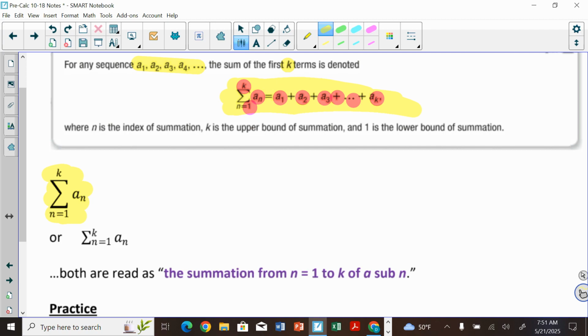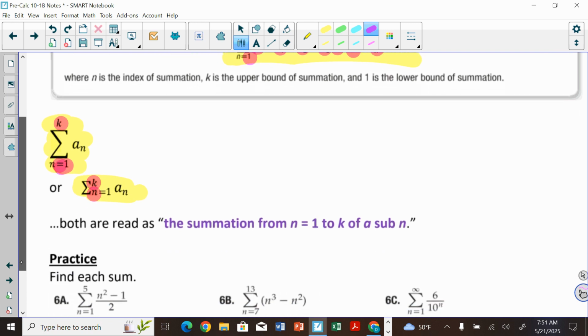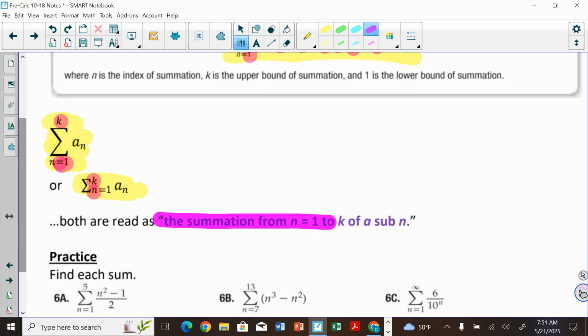It says a sub n is written like that, or some people write it like this with sigma to the left and then the k and n to the right. Some people write it above and below right here. Just notice the differences. Both are the same, and we read those as the summation from n equals 1 to k, or you can say the sum from n to k of a sub n, okay?